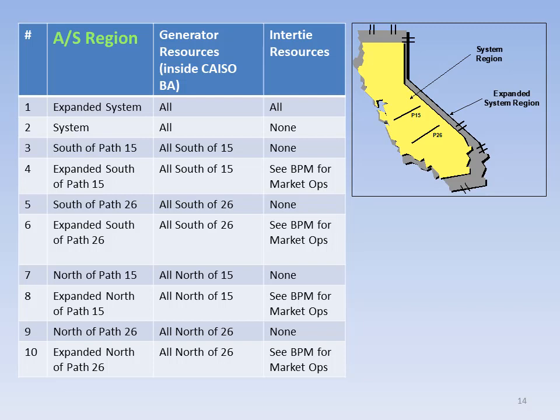The CAL-ISO System Region is defined as the subset of certified resources defined in the CAL-ISO Expanded System Region that are located internal to the CAL-ISO Balancing Authority area. There are 8 subregions, each of which may have its own minimum ancillary service requirements based on system reliability conditions.